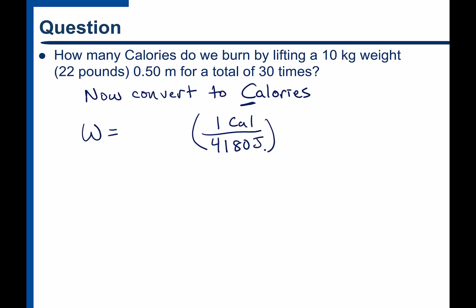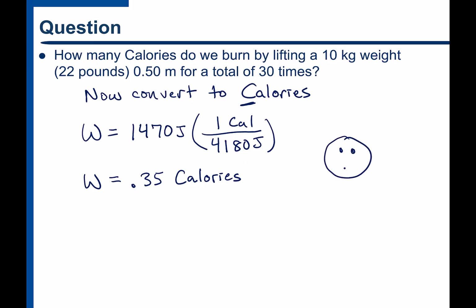And so what we want to convert is that number we just came up with, which is that we do 1,470 joules of work in lifting that mass 30 times. Well, you can see it's not looking too good here. When you do that conversion, what you end up with is 0.35 calories. We didn't even burn 1 calorie. So we didn't earn that Snickers bar or whatever. And that makes me kind of sad because I wanted that Snickers bar.